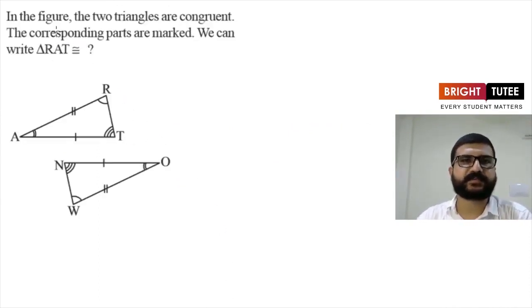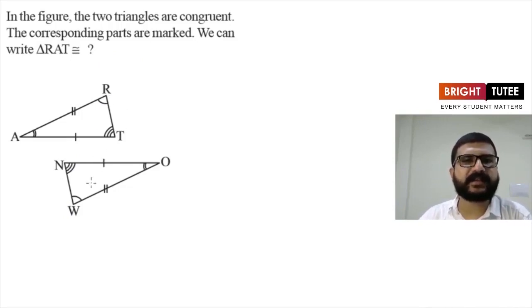So here is the next question now. In the figure, two triangles are congruent, and the corresponding parts are marked. We can write triangle RAT is congruent to which triangle? In which order should we write the vertices of the second triangle, which is NWO?